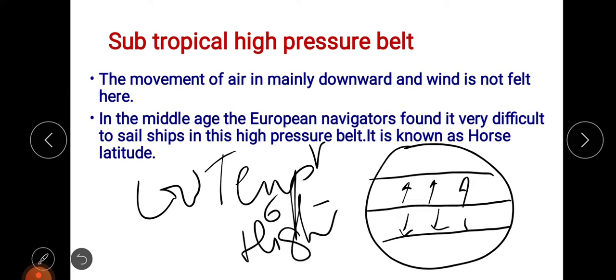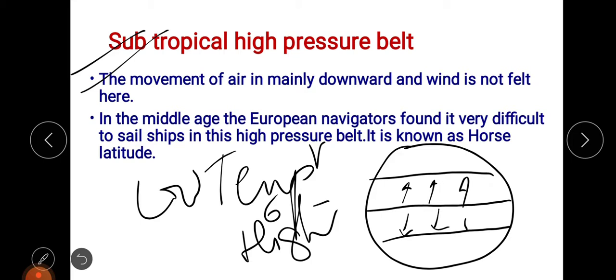So that is why in this subtropical belt a high pressure area is formed. Why? Because air from the equatorial region rises, moves toward the north and south, and gradually becomes cold.